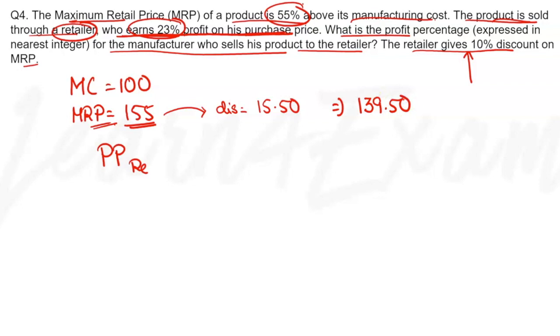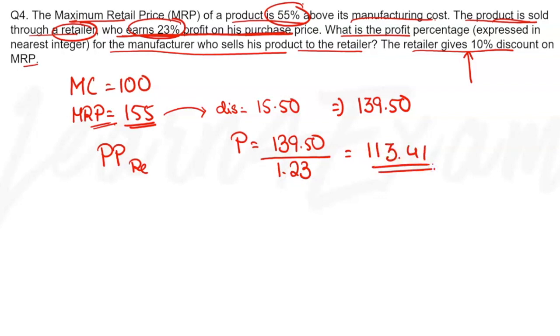Now on the purchase price he is making a profit of 23%, and that means the purchase price is 139.50 divided by 1.23, that is 113.41, and this is the purchase amount at which the manufacturer is selling him the product.